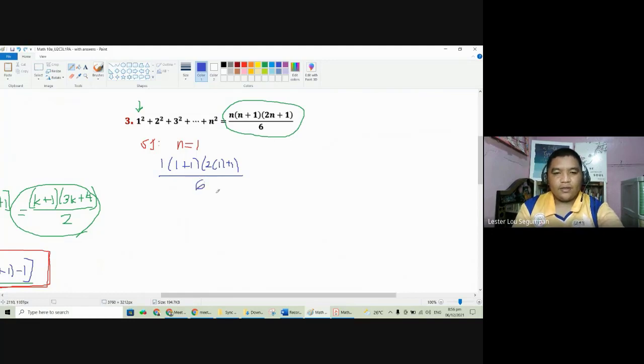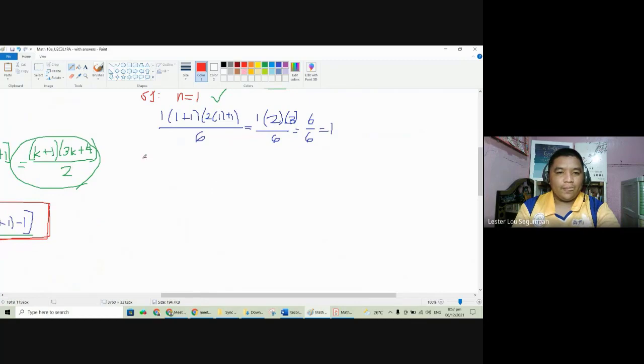Sorry. Will this become 1 squared? Let's see. You will have here 1 times, that's 2. Here, 2 times 1 is 2 plus 1, which is a 3, all over 6. So you have 6 over 6 is equal to 1, the result of 1 squared, and thus satisfied.